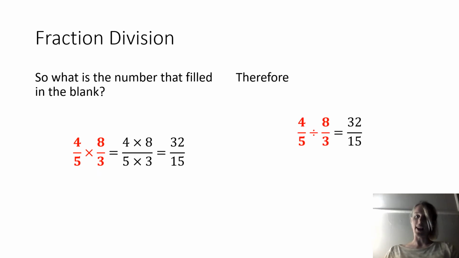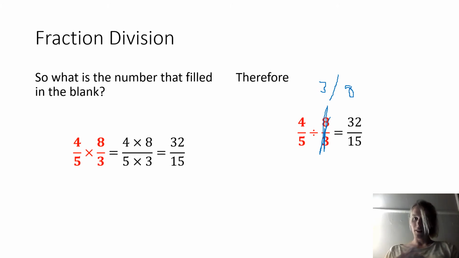So what is this saying? These typos are horrible. I'm so sorry. This is saying that 4/5 divided by 3/8 is equal to 32/15.